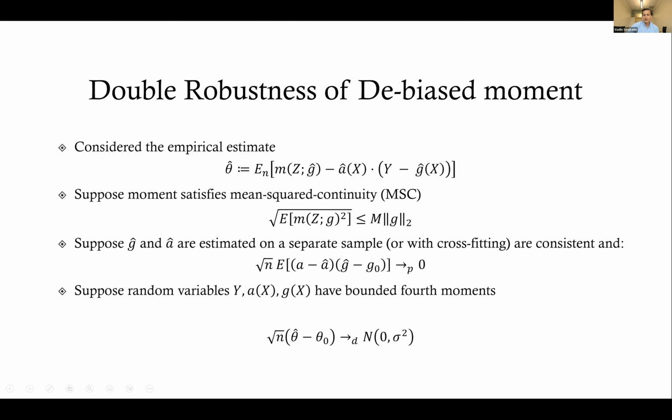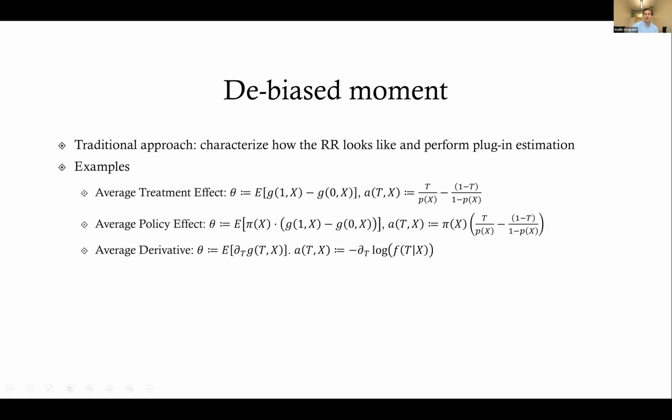So this debiased moment offers this form of double robustness, and the one missing piece is, how do you estimate this Riesz representer A hat? The traditional approach to debiasing is to characterize what the Riesz representer looks like for your target moment of interest, and then perform plugin estimation.